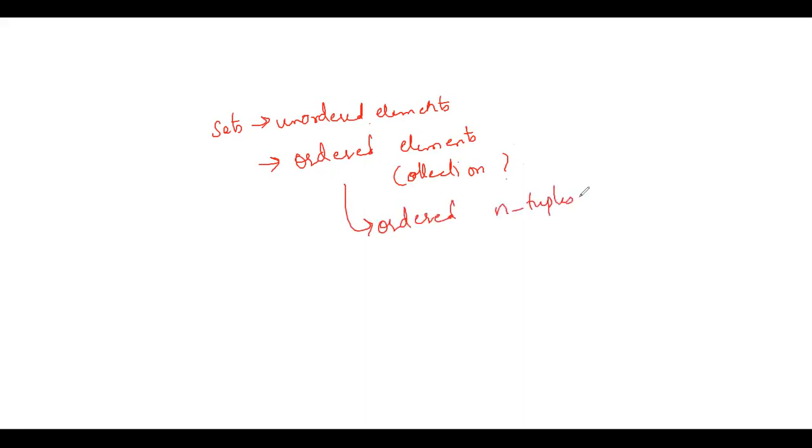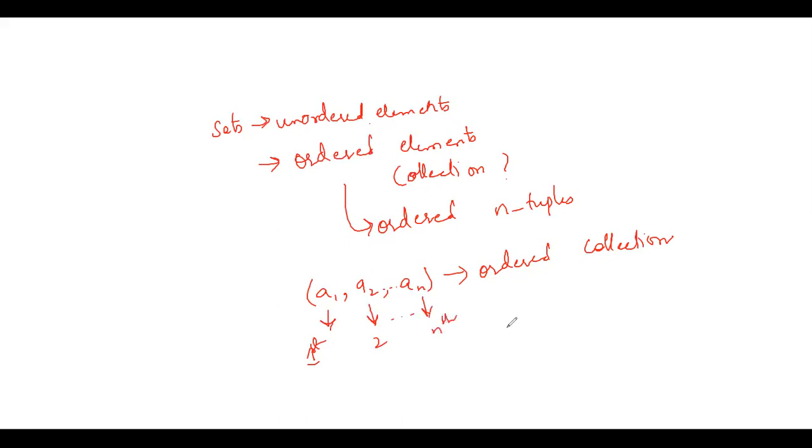n-tuples. Suppose we have a1, a2, ..., an in the form of an ordered collection, which means a1 is our first element, a2 will be the second, and an will be the nth element.